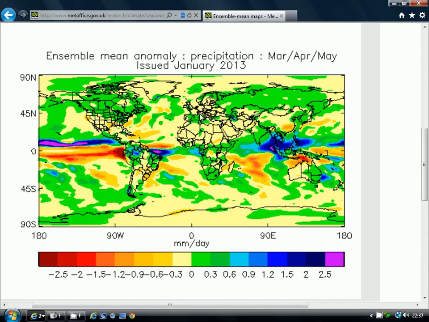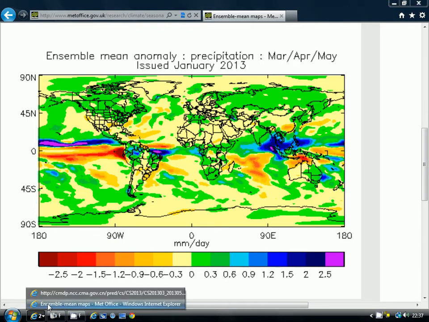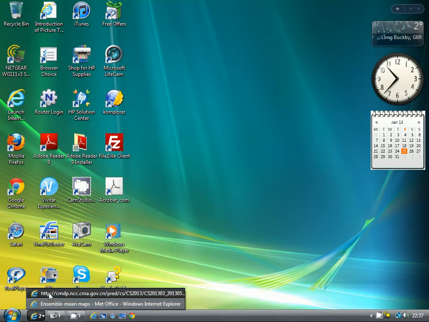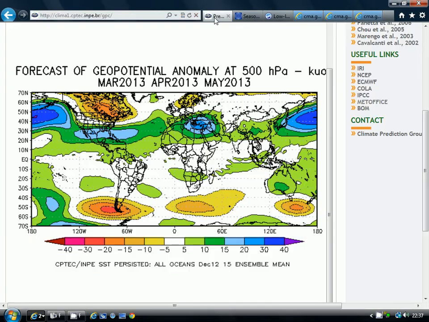Again, that's not really a surprise with the pressure distribution, with the high pressure anomaly up to the north and the low pressure anomaly down to the south. So that's quite a marked anomaly from the UK Met Office, definitely going for a bit of a cool spring, and also quite a near normal spring in terms of rainfall.